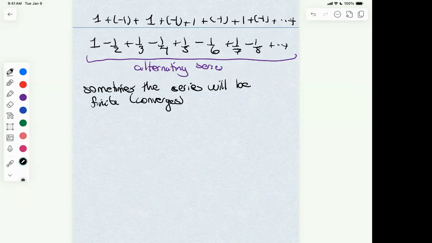Otherwise it would be called a divergent series. A crazy example of this, which is kind of unexpected, is this really clever formula for pi squared over 6.